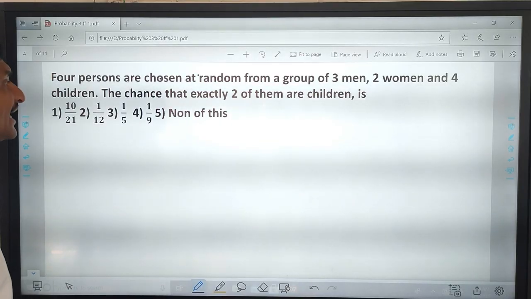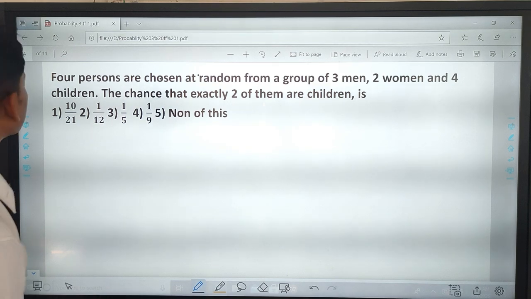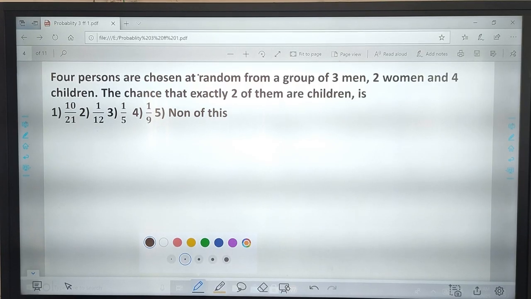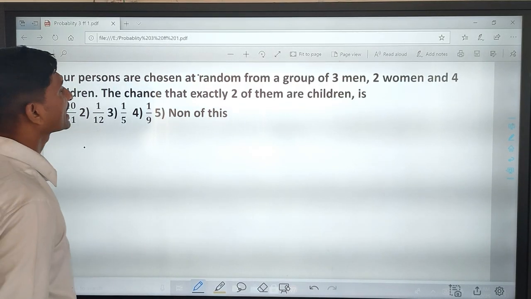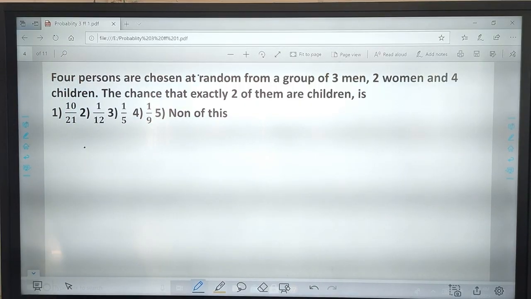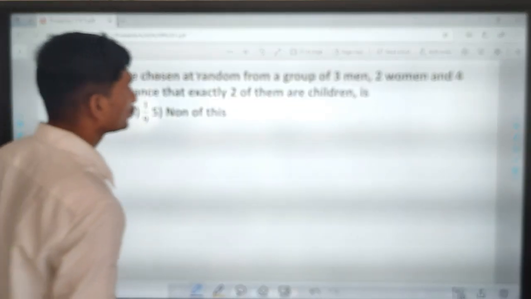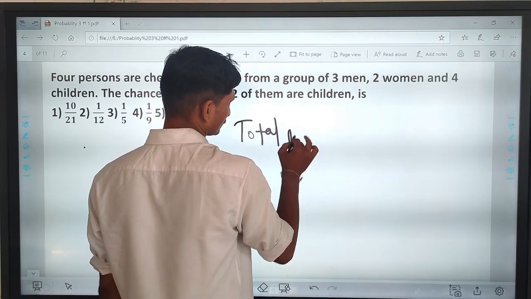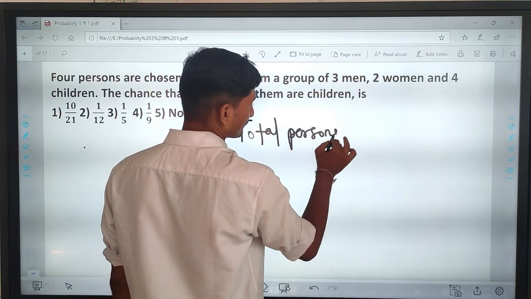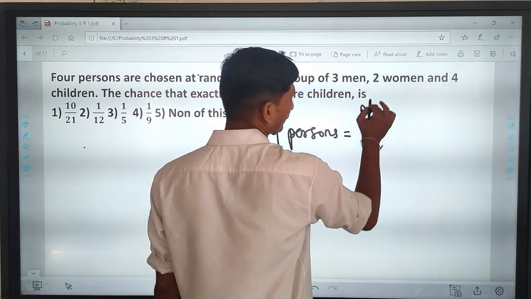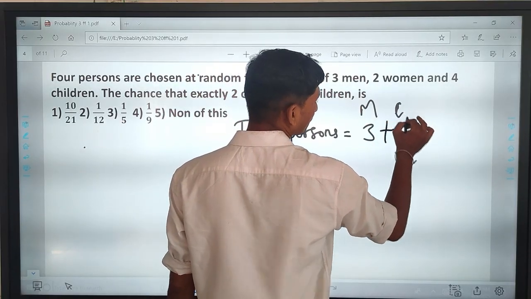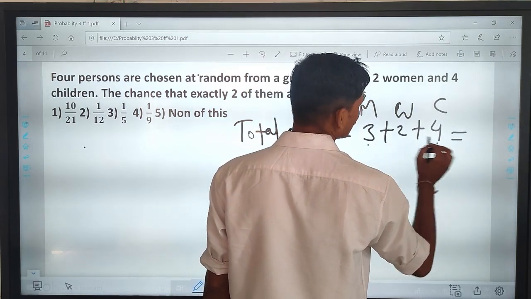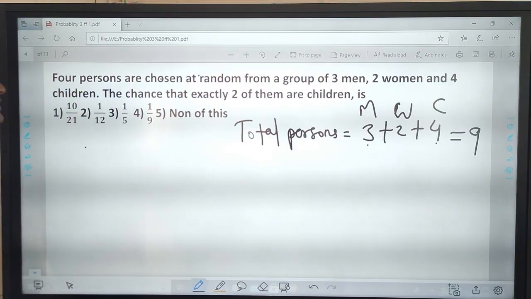Then find the chance that exactly 2 of them are children. Total persons: 3 men, 2 women and 4 children. That is 4 plus 3, 7 plus 2, 9. Total persons are 9.